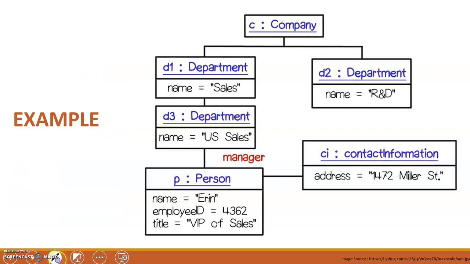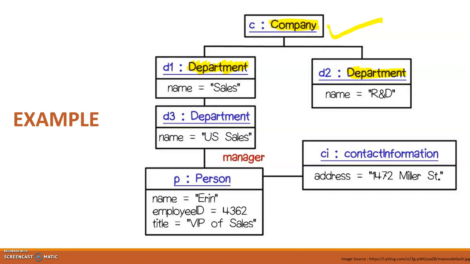So let's understand that example. See, here we have the class or the system company. This company may have different departments, right? So my parent class is the company. This company has many child classes like department.